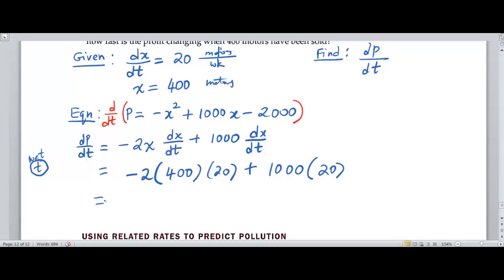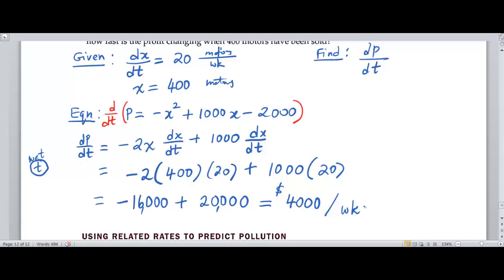So what does that give me? 2 times 2 is 4, times 4 is 16, and then 3 zeros, plus 2, 4 zeros. So that's minus 16,000 plus 20,000, which is 4,000. And what is this? Dollars per week.